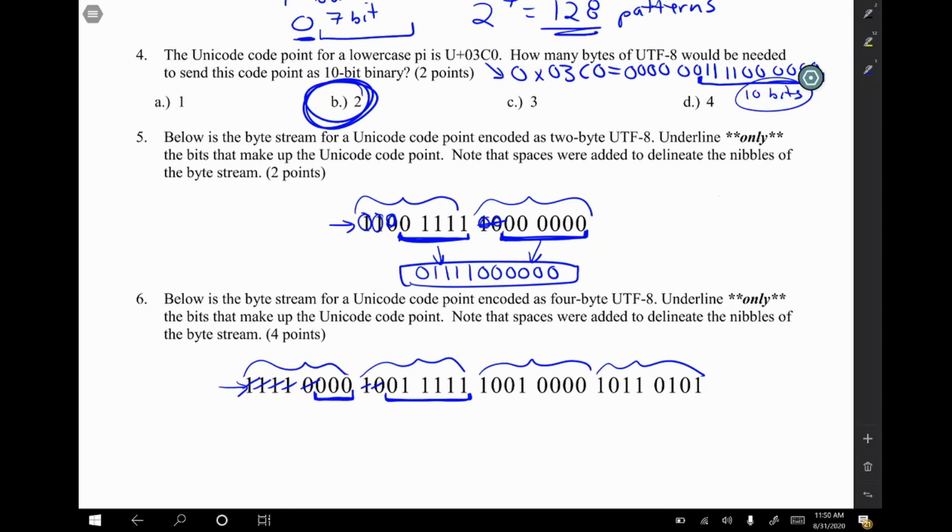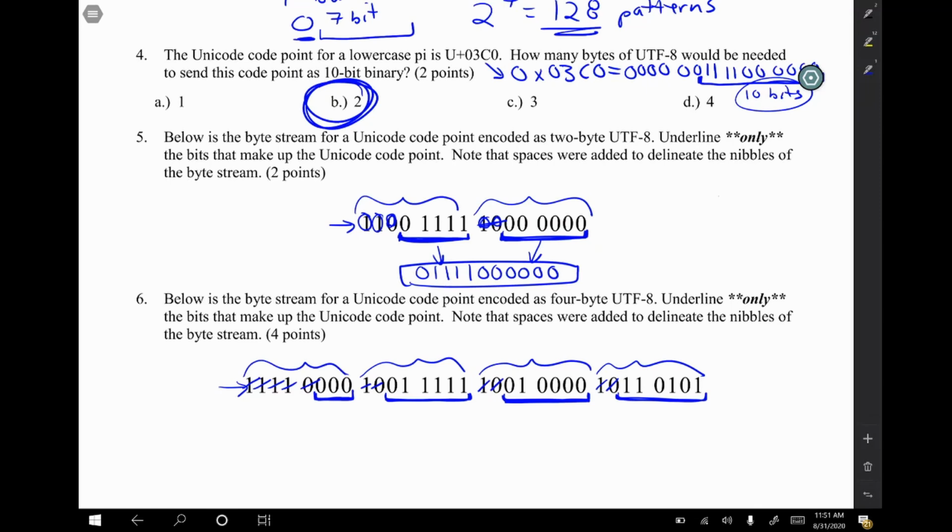Going on to the third byte. Also, it must begin with 10. Those control bits are discarded, and the next 6 bits, those are the bits of our data. And then we go on to the last byte. Once again, starts with 10, we discard those bits, and the next 6 bits, those are the bits of our data, of our code point.